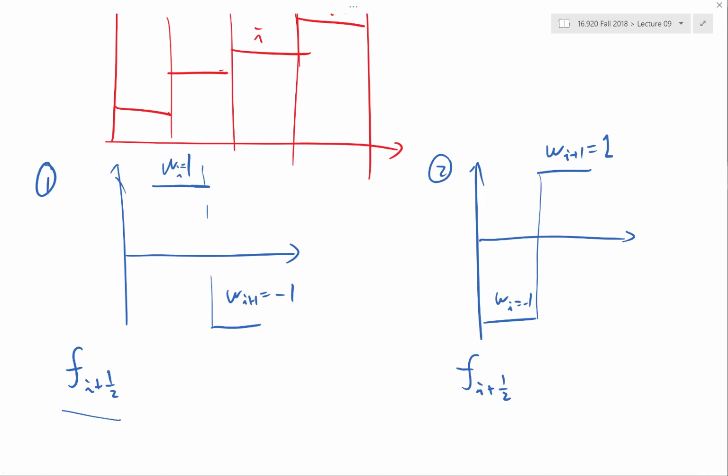So we have the same person giving two competing answers, 0 or half. Does anybody have a third answer here? Depends on which direction the wave is moving? That's correct. But in this case, which direction is the discontinuity moving? It's stationary, right? The discontinuity is going to be there.